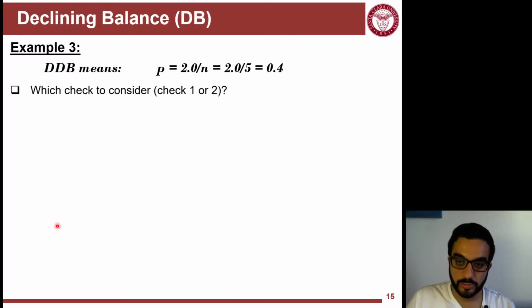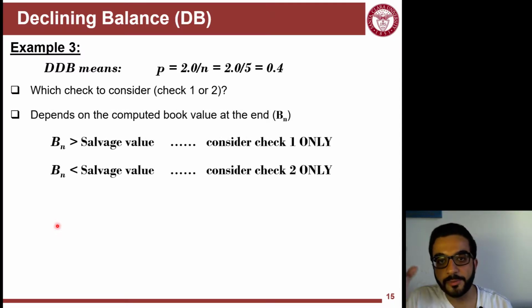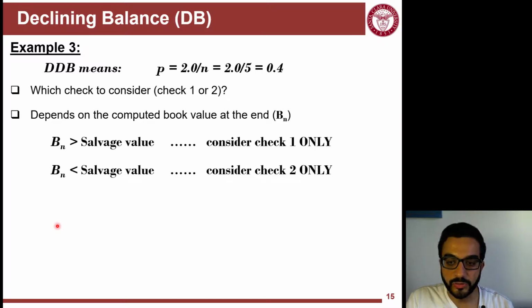But if you want to know, you have to calculate Bn using the declining balance formula. So it's equal to uppercase P times 1 minus lowercase p to the power t, where t here is equal to n in this case. And I will see this Bn. If I follow the declining balance, what's the case?